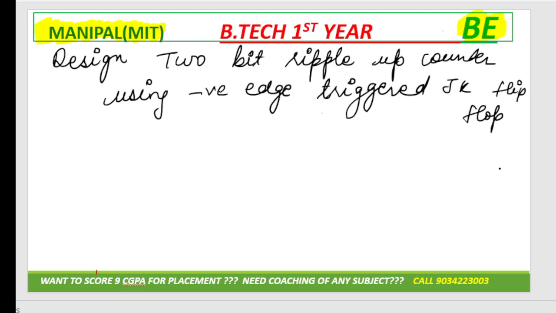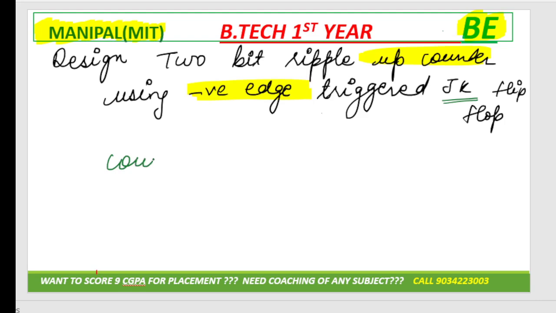They are asking to design a 2-bit ripple up counter using negative edge triggered JK flip-flop. तो they mention कि उनको कौन सा flip-flop use करना है, उसी के according तुम्हें counter use करना है. Clear up to here? Now, if they mention T flip-flop, you can use T flip-flop.